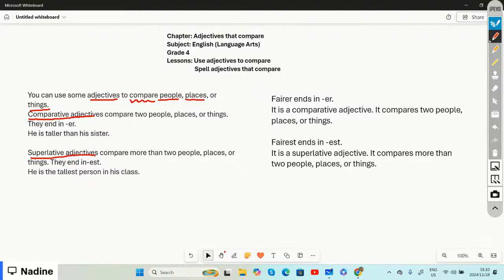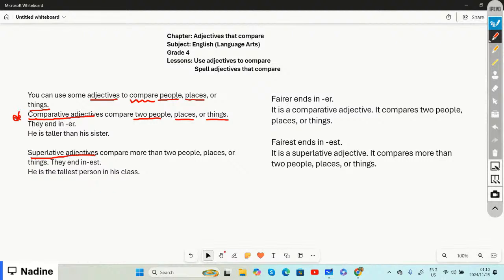A comparative adjective compares two people, two places, or two things.